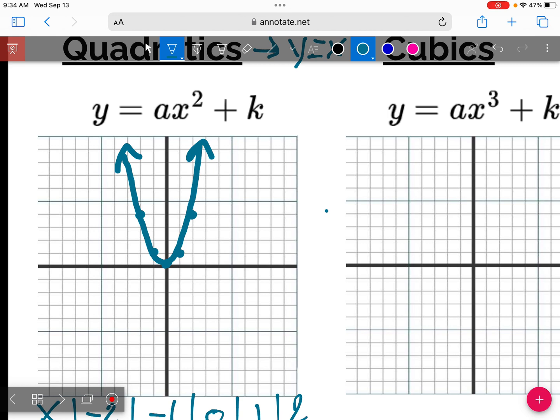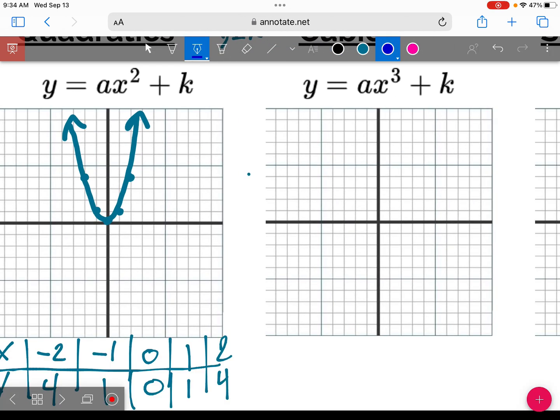Quadratics look like this. U-shaped. X squared is always U-shaped. We are going to do the same thing for cubics. Use those same X values. We're going to make a new parent table to look at these transformations.